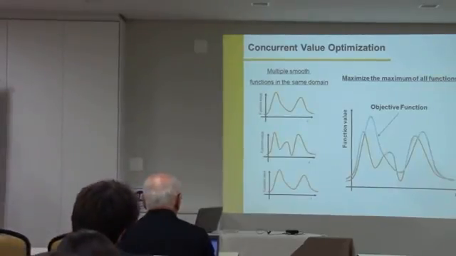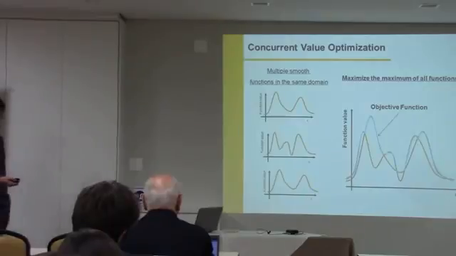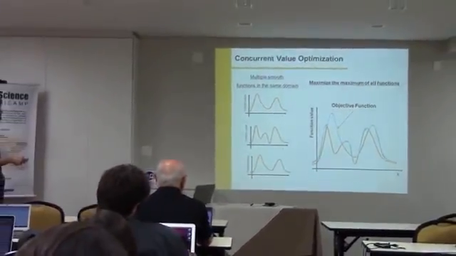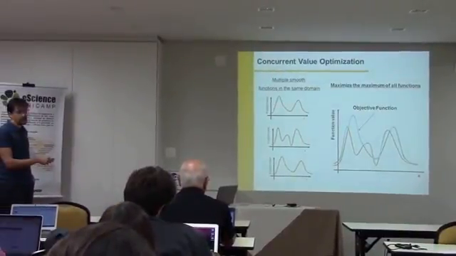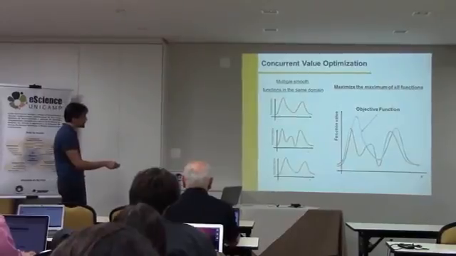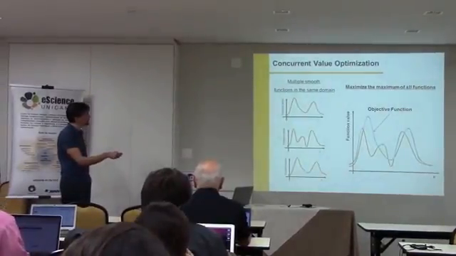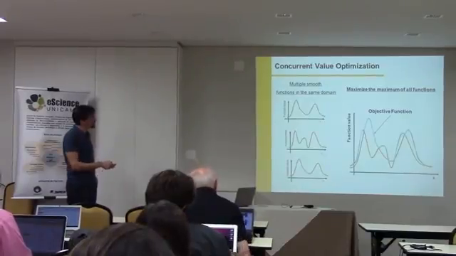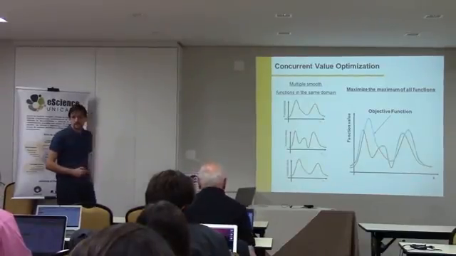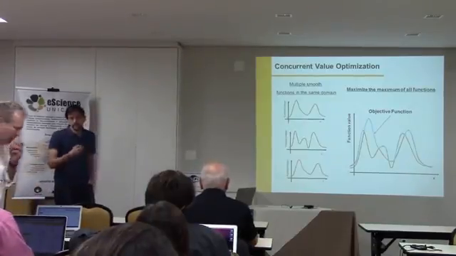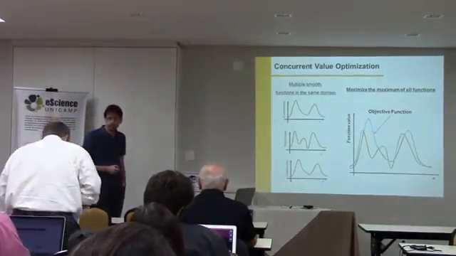Concurrent value optimization is a problem that is defined in the following way. Suppose that we have multiple functions that assume different values in the same domain. So we have several functions acting in the same domain, and what we want in the concurrent value optimization problem is to maximize the maximal value assumed by all these functions, or minimize the minimum value assumed by all these functions.